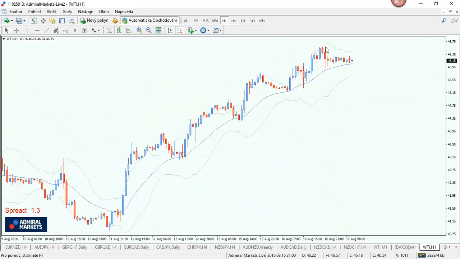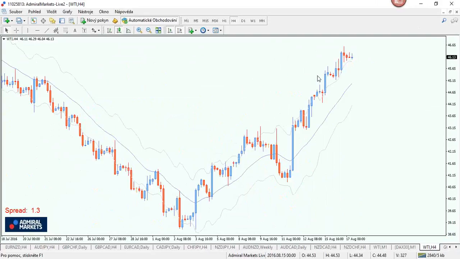Looks like it's running out of steam now. Yesterday, obviously not. Cheers, Bob. Good to see you here. Now it does look like it's running out of steam. I would expect a reversal here, a retracement on oil.